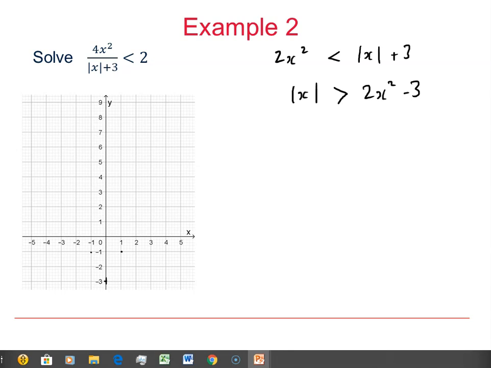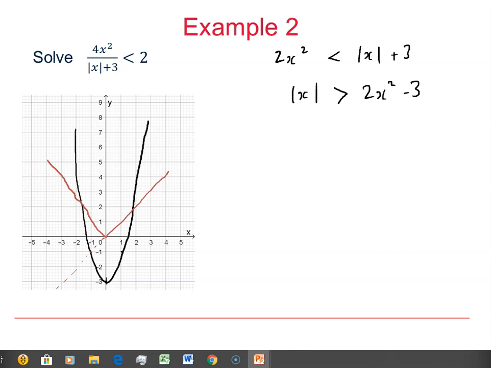Difficult to draw on the computer, as always, but it's about like that. y equals mod x, on the other hand, will be y equals x, which is this line here, but then as it goes into the negative part of the graph, it's going to reflect upwards, so it looks something like that.